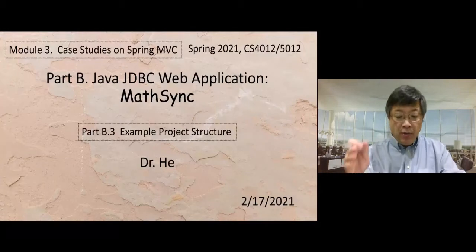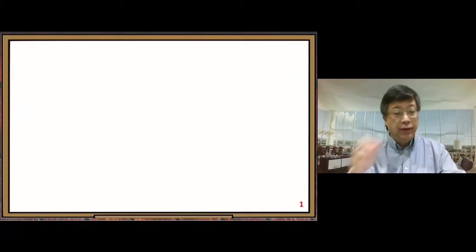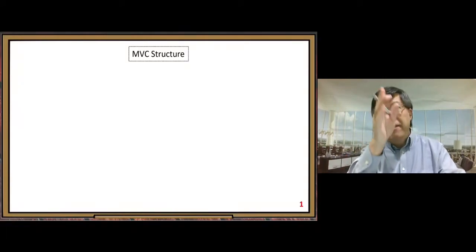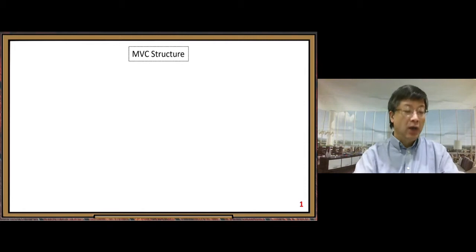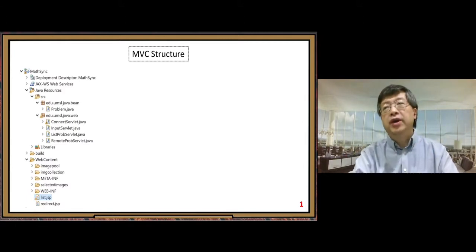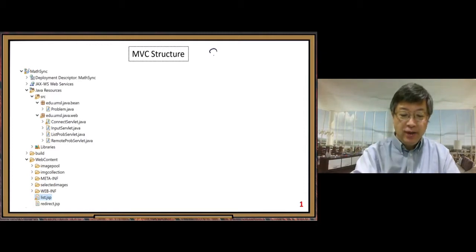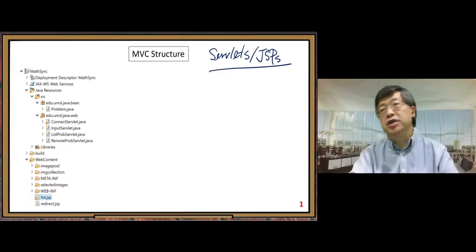13.3 Example Project Structure, to help you understand this project better. So let's look at the MVC structure. First, this example is not a Spring MVC example. It is an ordinary servlet JSP example. We just use servlet, JSP, and Java beans to do this example.